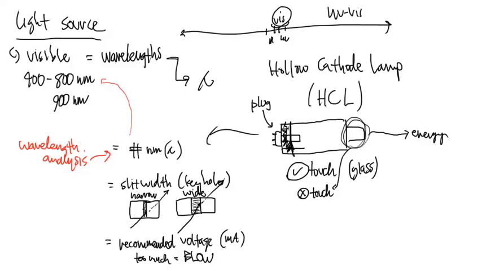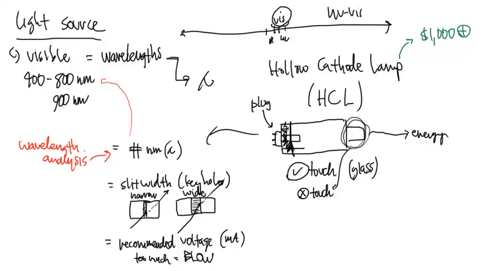If not, you're going to blow the bulb, and these hollowed cathode lamps cost a little bit of money, and they are around $1,000 a piece. For the simple ones, they're actually more expensive depending on what kind of metal that you're ordering, and they're more expensive if you buy a lamp that can do more than one metal. We'll get into that a little bit later.